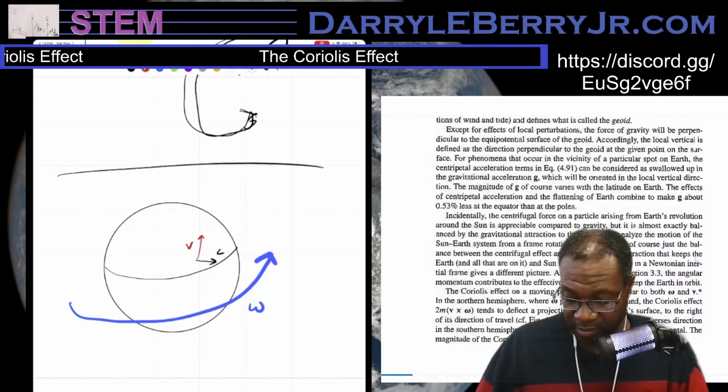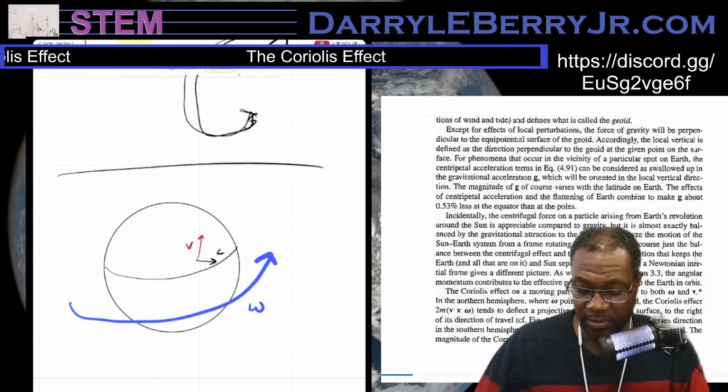But it's not perpendicular to the. Okay, I'm going to have to let them explain this. I'm not seeing the direction of that.